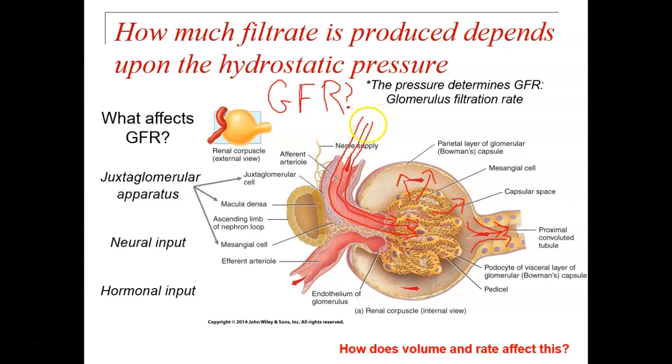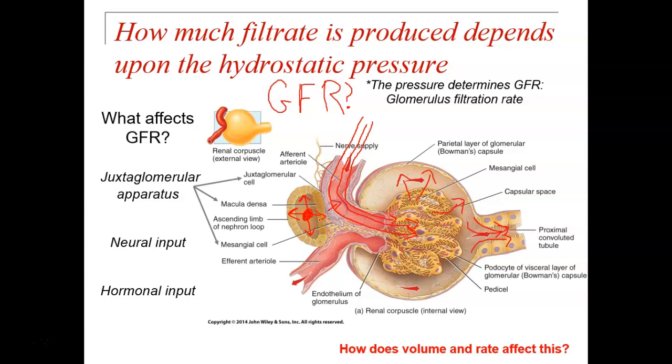But if there's a greater amount of filtrate produced via the glomerulus, that means there's a greater amount of pressure or a greater amount of fluid inside of the distal convoluted tubule. What does it do? It distends the distal convoluted tubule. If it distends it, that means there's too much filtrate being produced. So what can happen? These mesangial cells here, these juxtaglomerular cells, contract.